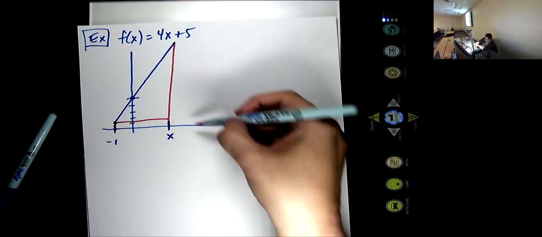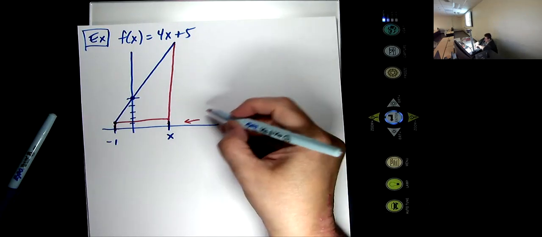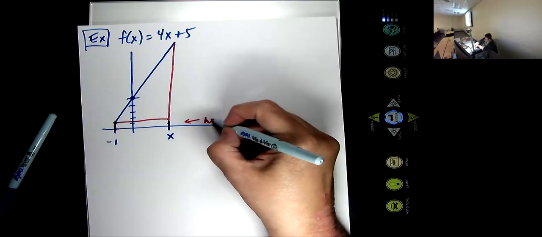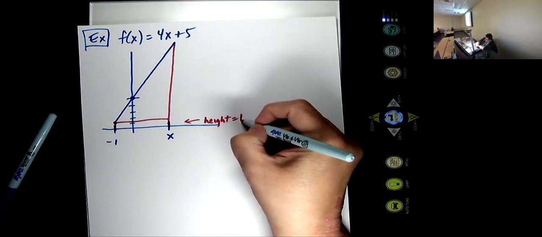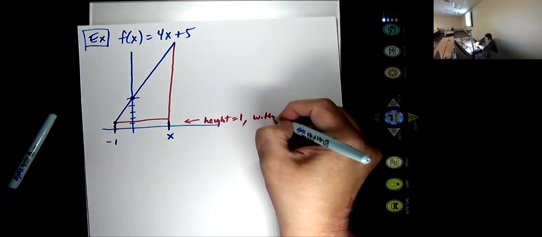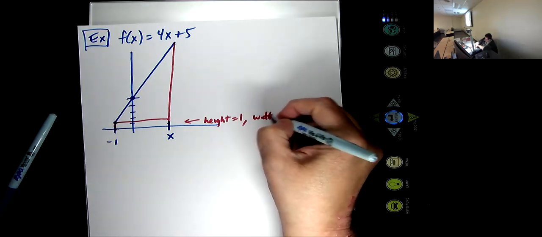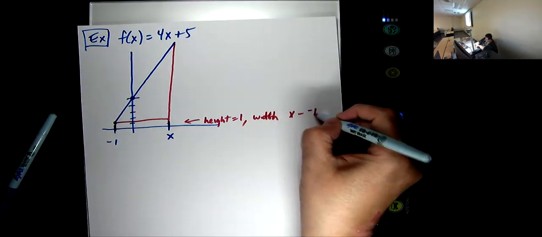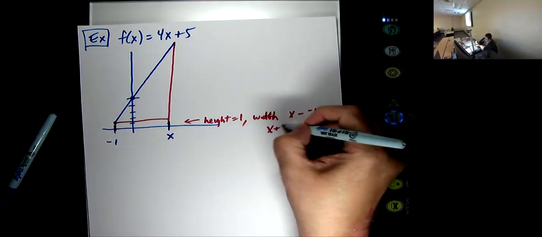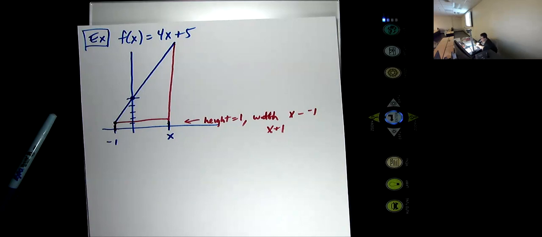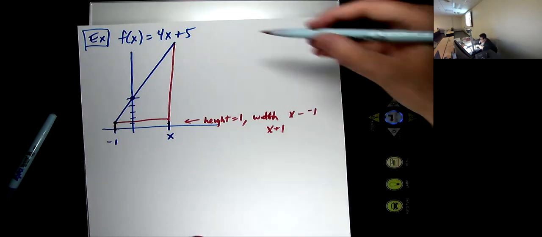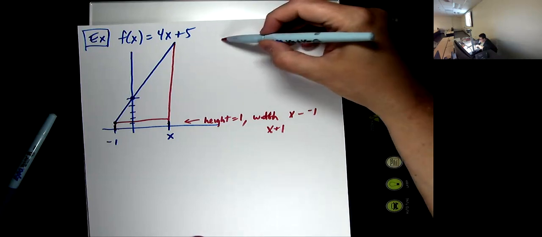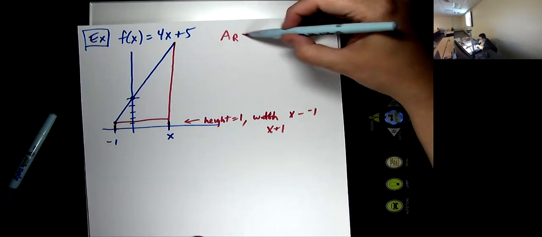So the rectangle has a height of 1 and a width of x minus -1, so a width of x plus 1. So the area of the rectangle will be x plus 1.